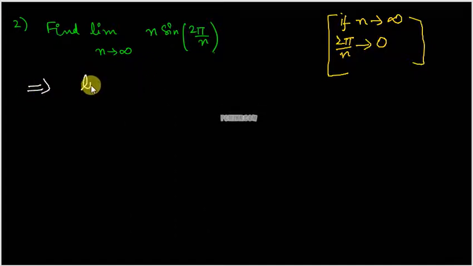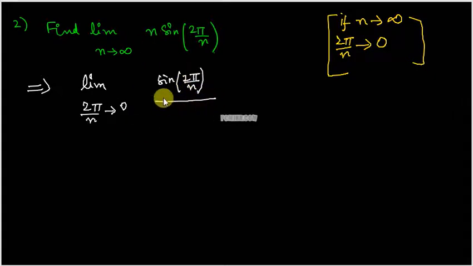So we will write this becomes limit 2 pi by n tends to 0 into sine 2 pi by n, and I also have to create 2 pi by n in the denominator. So I'll take this n down to the bottom because n in the top means 1 upon 1 by n, and to create 2 pi I'll just multiply and divide this denominator by 2 pi.